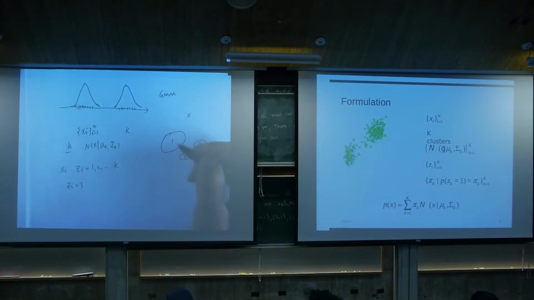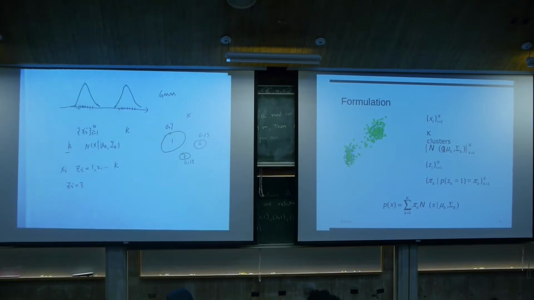So we can say probably with a probability of 0.7, a point is from cluster 1. And these 2 are small, and their size is almost the same. So we can probably put an equal probability over them, say 0.15, 0.15.